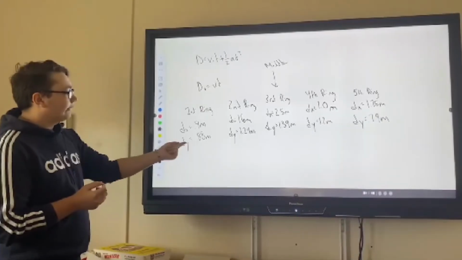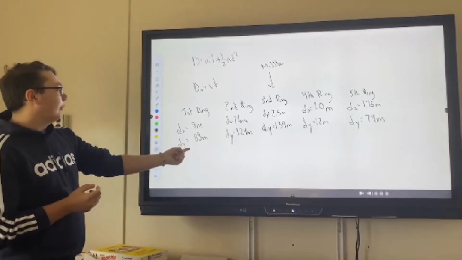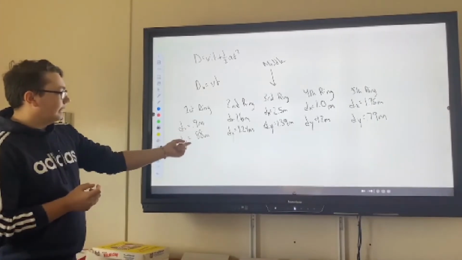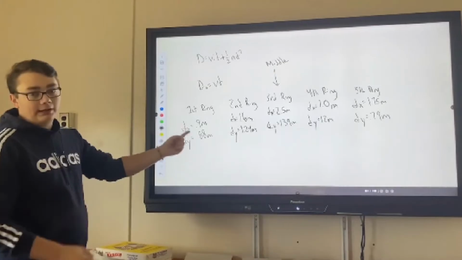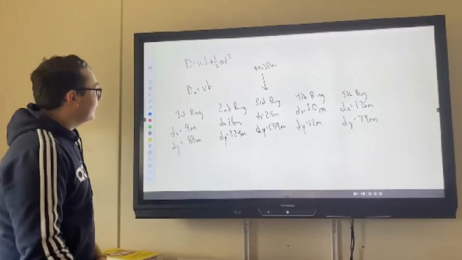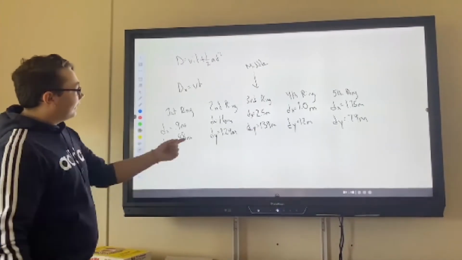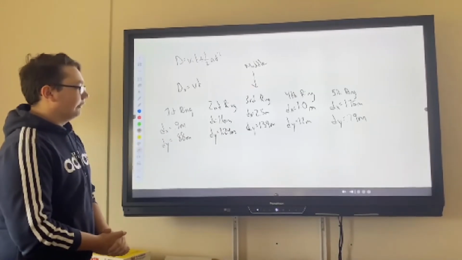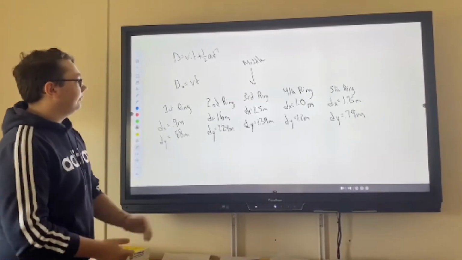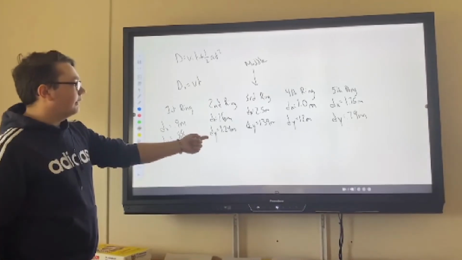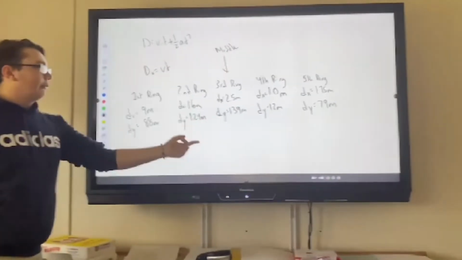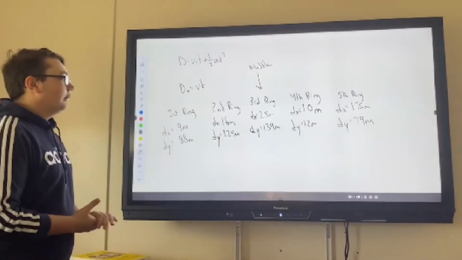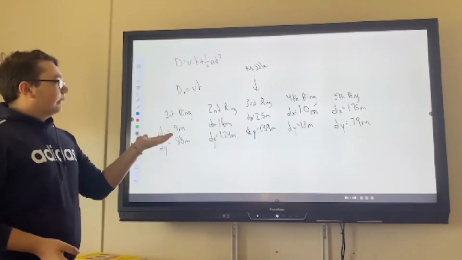After the addition of 0.148 meters, we get 0.88 meters, and that's how tall the first ring has to be. We do the same for the second and the third, and after adding 0.148 meters, we got 1.24 meters high for the second ring, and 1.39 meters for the third ring, which was the middle ring.